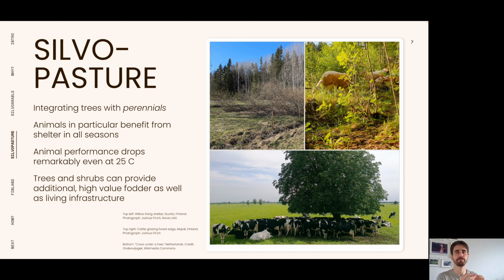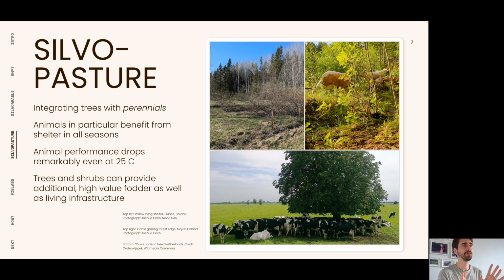So as long as you're managing the duration and the numbers of animals so you're not overusing that living barn, you can actually create a system where by using the infrastructure it gets better. The more we use built infrastructure, it doesn't necessarily get better, it just means we need to do more maintenance, right?